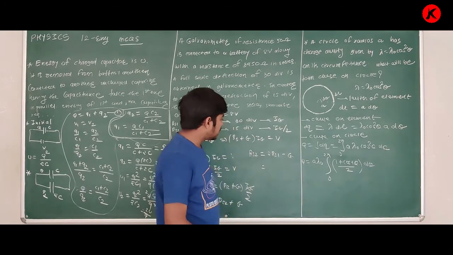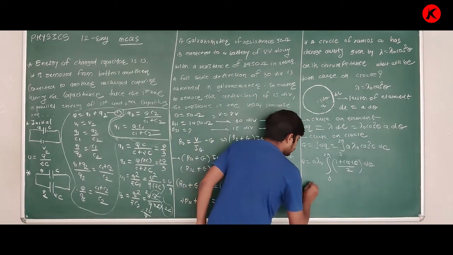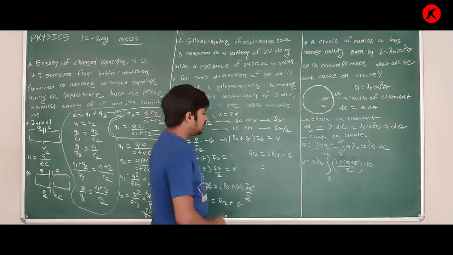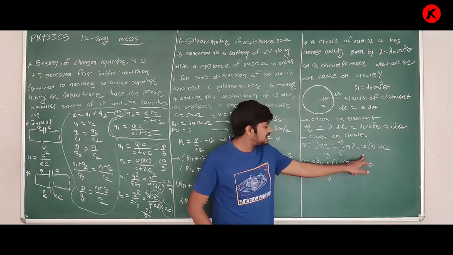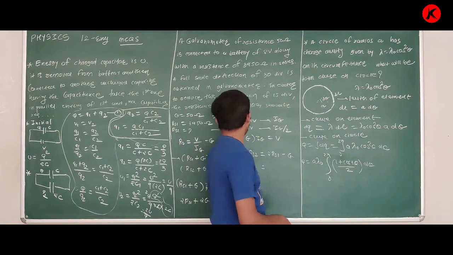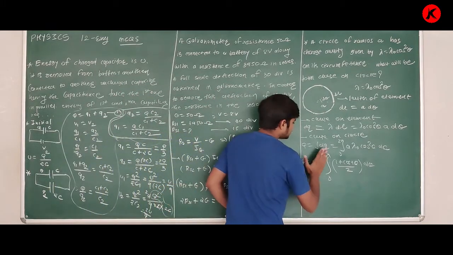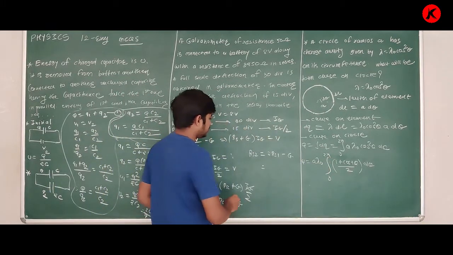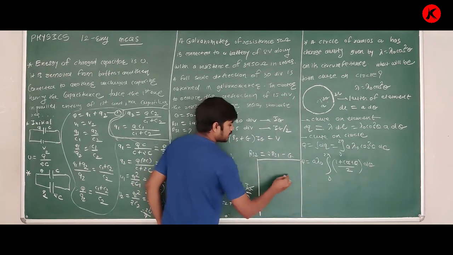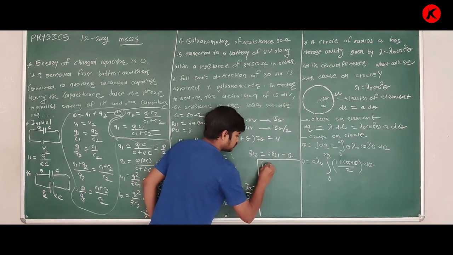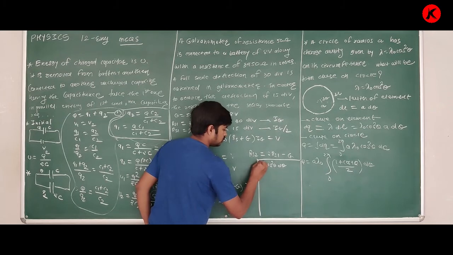Now how to integrate this? It is equal to half. If you want, you can also find this integration separately, so we do not have to write it in detail here. Integration cos square theta d theta, limit from 0 to 2 pi.